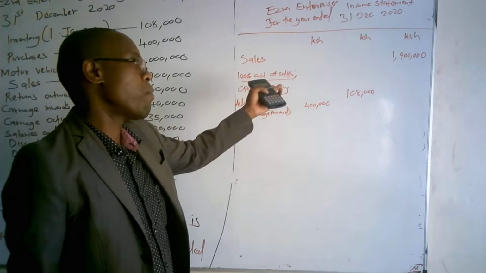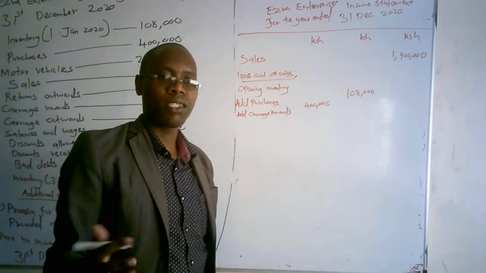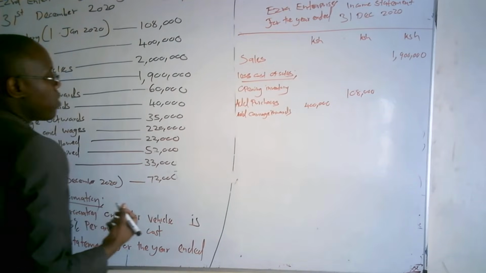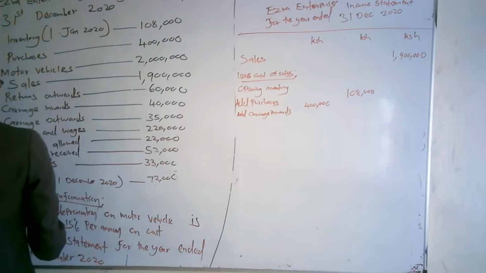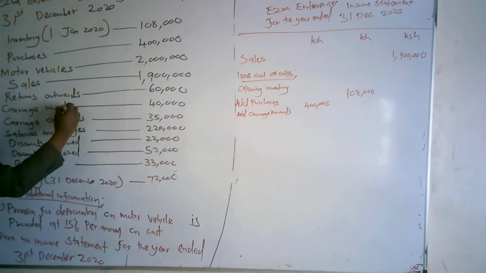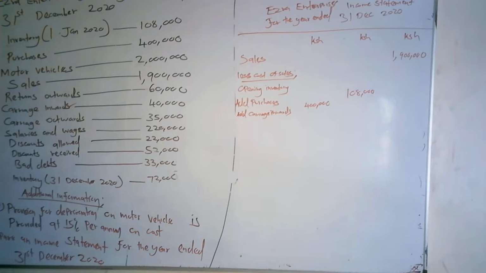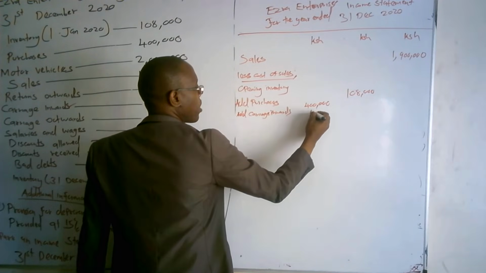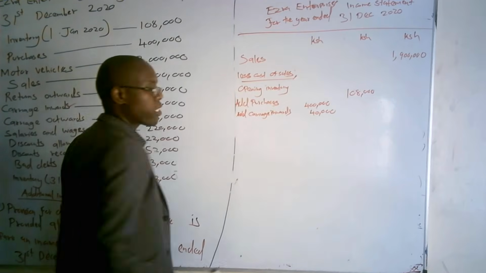Like now, you can see we are not having the sales returns, but we left it the way it was there. So now we add carriage inwards, and this carriage inwards here is 40,000. So we'll add 40,000 here on our purchases.